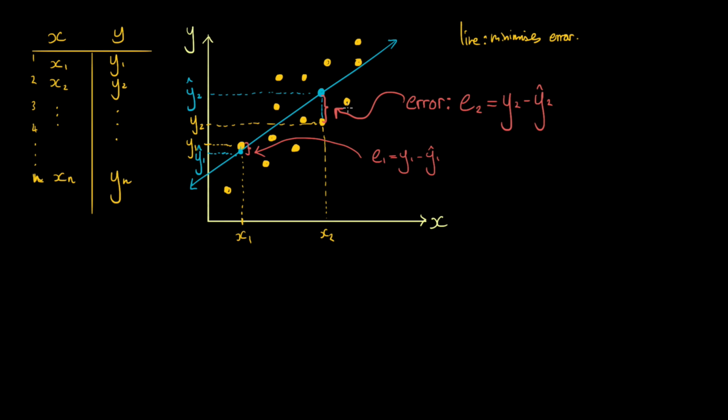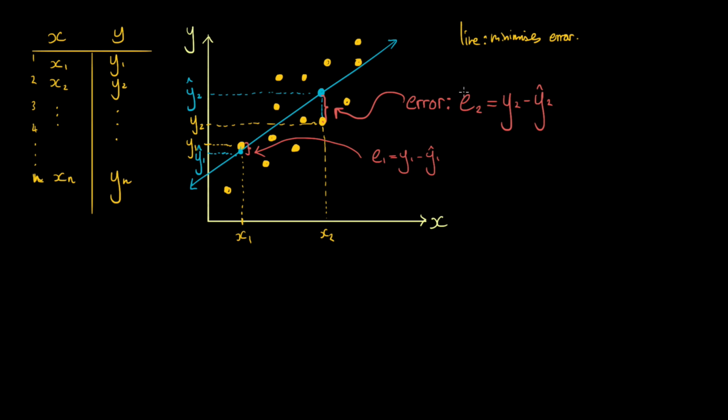And so the first thing we're going to do is, rather than focusing on just these errors, we're going to focus on their squares. Much like when we're calculating the variance for a variable like x or y, we look at the sum of the squares of all the distances between all the data and the mean of our variable. So too here, we're going to look at the distances between all our data and the corresponding points on the line.